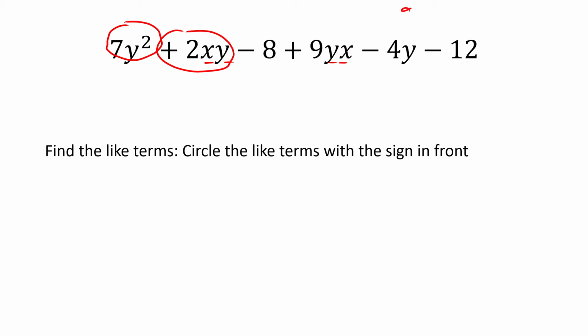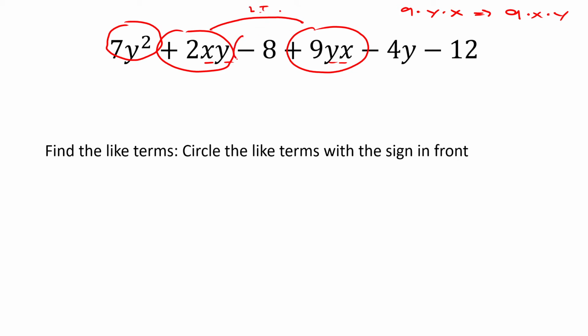So it's actually 9 times y times x. Now, do you guys remember a property of multiplication that allows you to move around numbers? Starts with a C. It's the commutative property. The commutative property says that you can rearrange this as 9 times x times y. Okay? So that means 2xy and 9yx are what we call like terms.